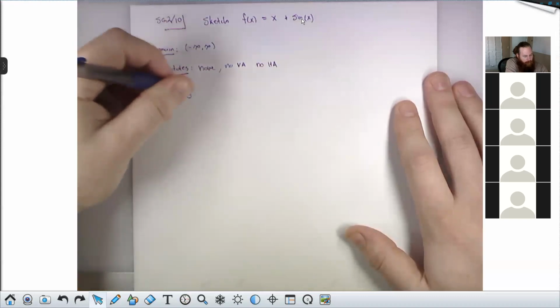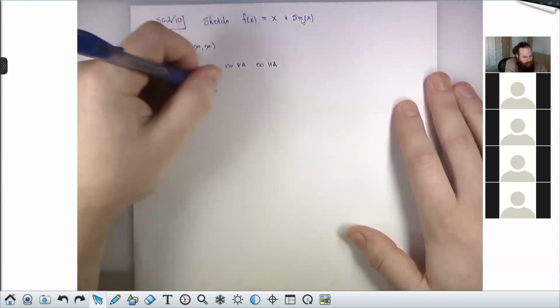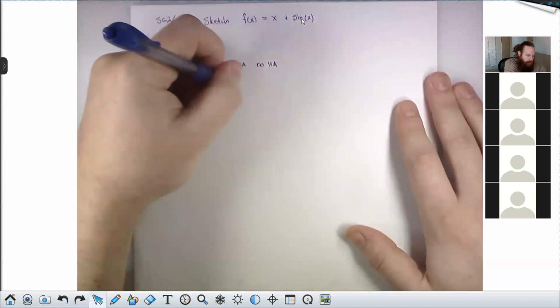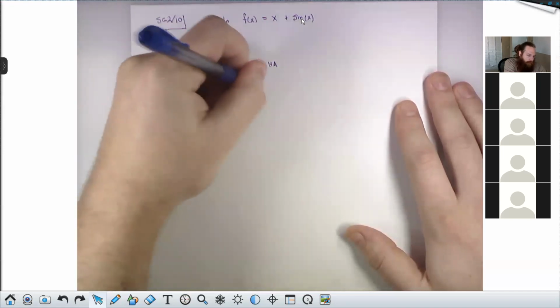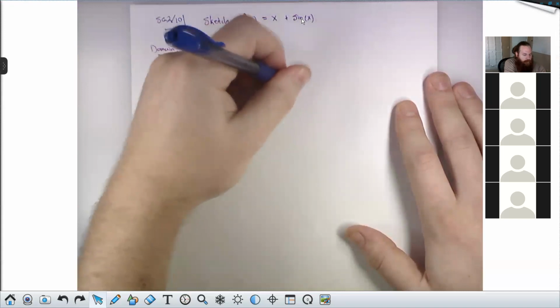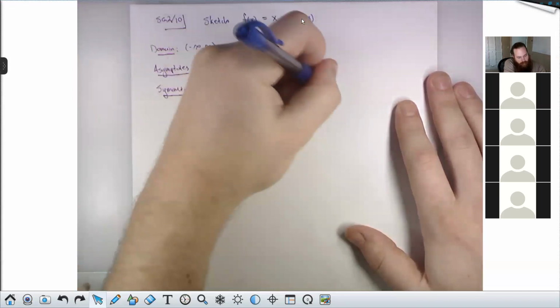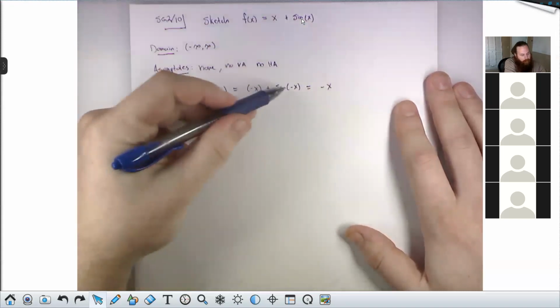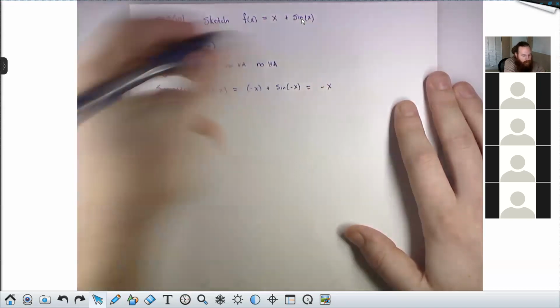And this is a nice example because here we do have some symmetry. If I look at f of negative x, that's negative x plus the sine of negative x, which is negative x. And then sine is an odd function, so this negative will pop out.